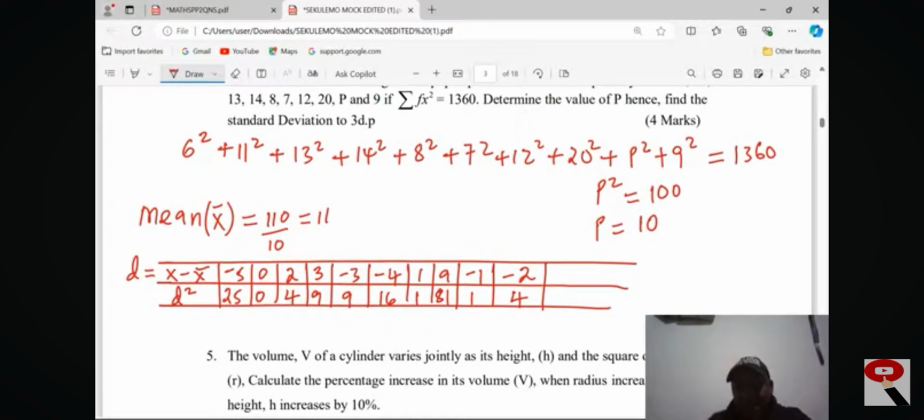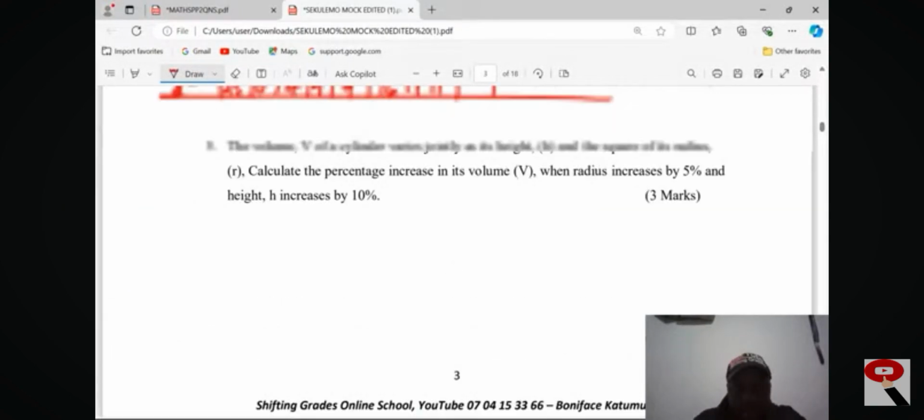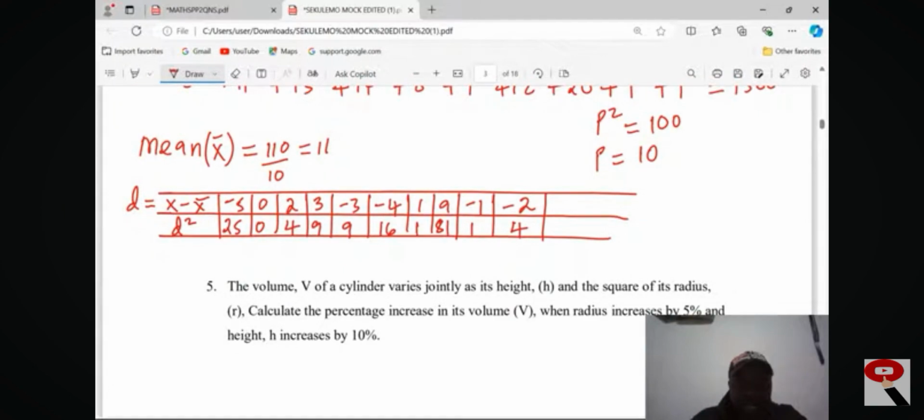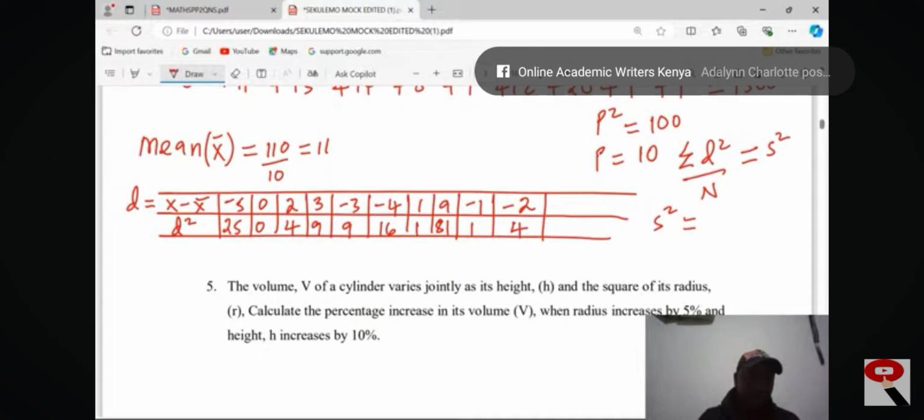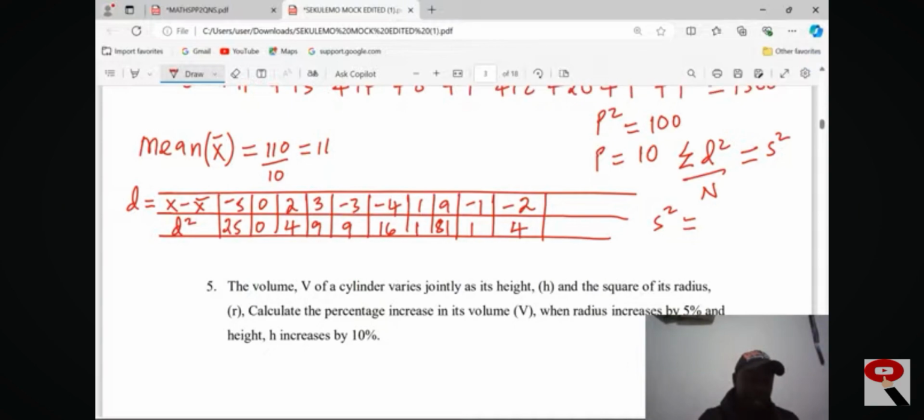We can get now the summation of deviations squared. So we add deviations squared, then we divide by the number of items for us to get what we call variance. So variance in this case will be given by, we add all the deviations squared, 25, 0, 4, 9, 9.